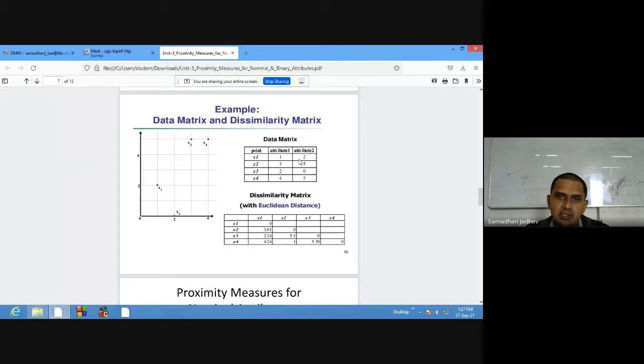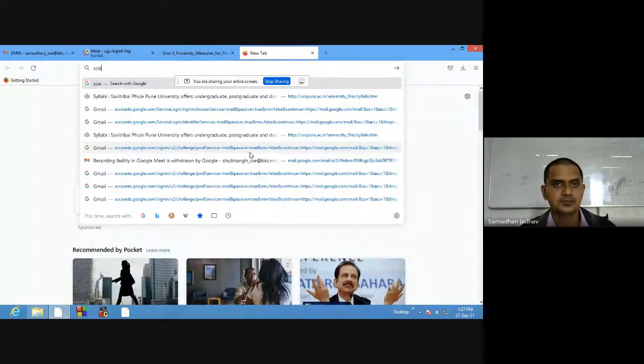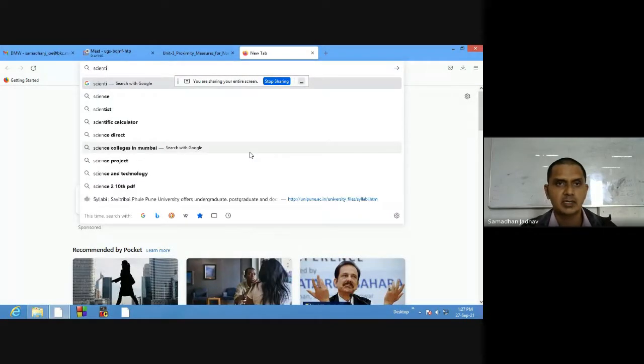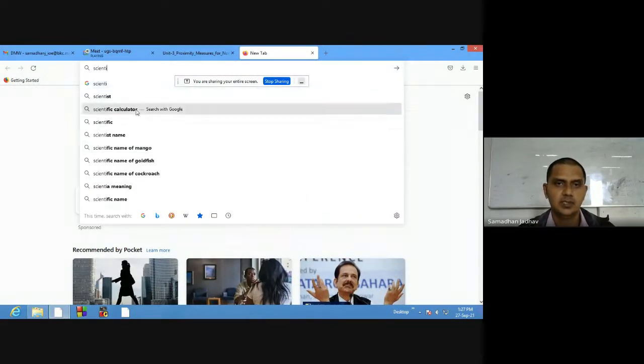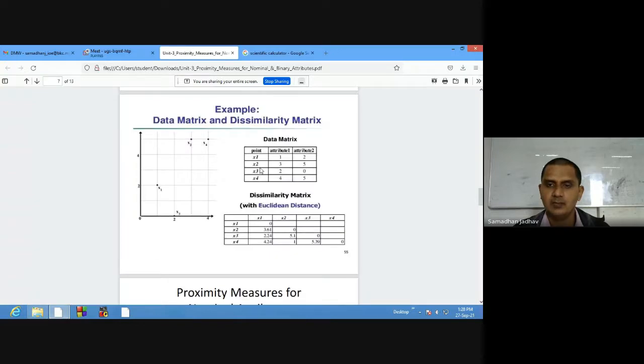So you can find that. Here, suppose I use a scientific calculator. We want to find the distance of x2 with x1, and it is given as 3.61. So let us see whether it is 3.61.